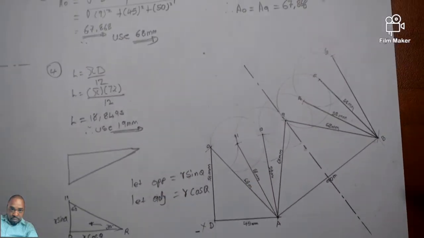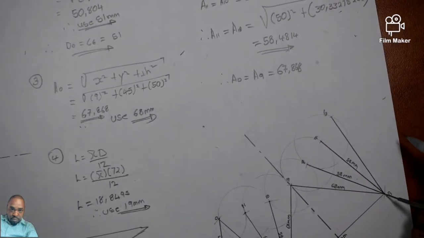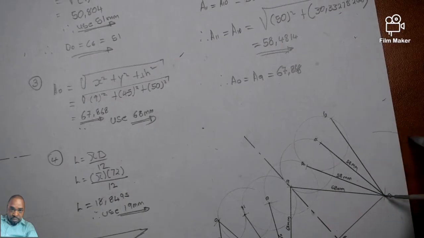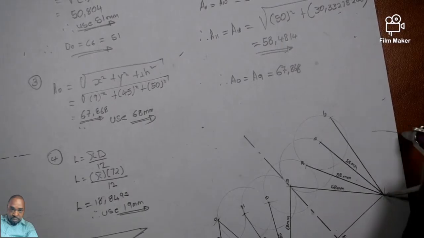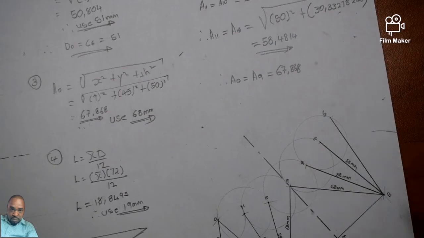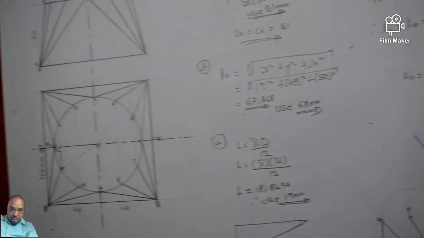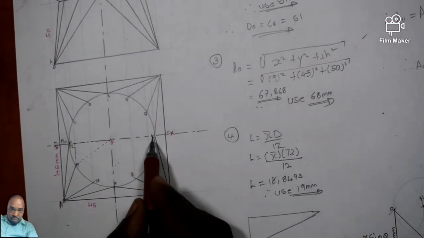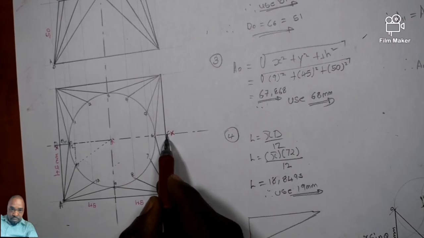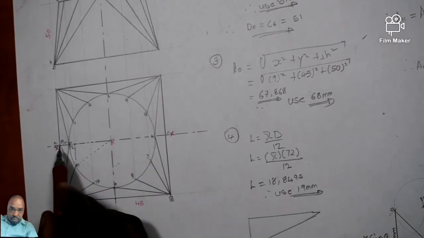So now I come to my B by striking an arc. The side seems to be going out of my page. You understand? So go back to your top view again, reanalyze it. The distance of C6 is the same as D0.